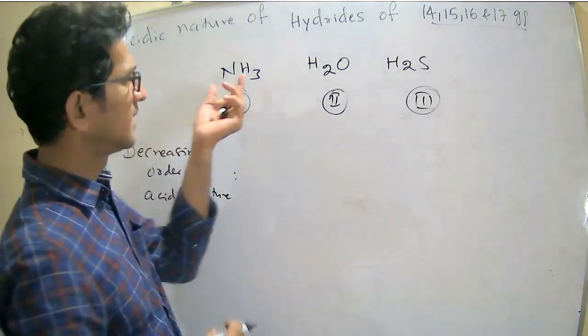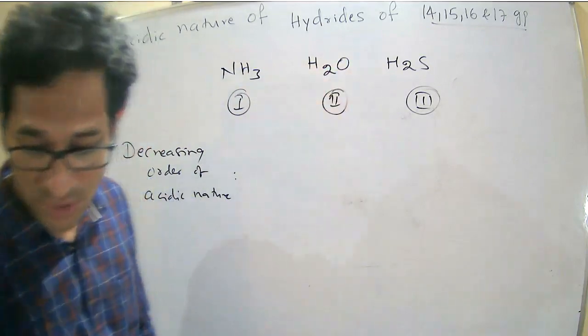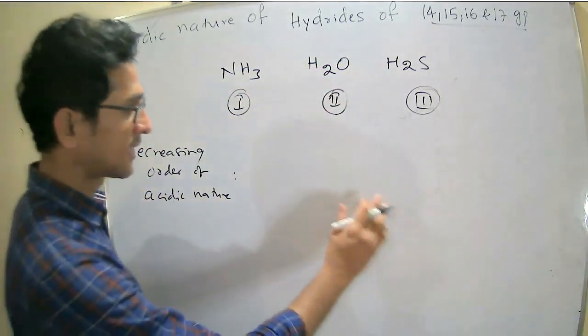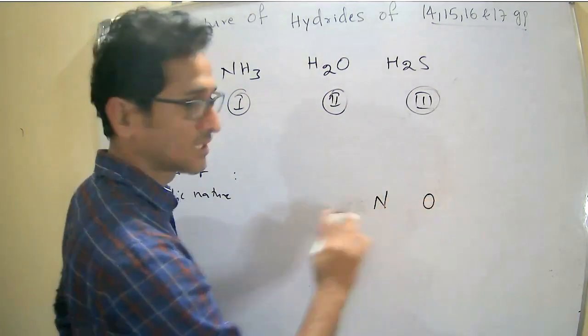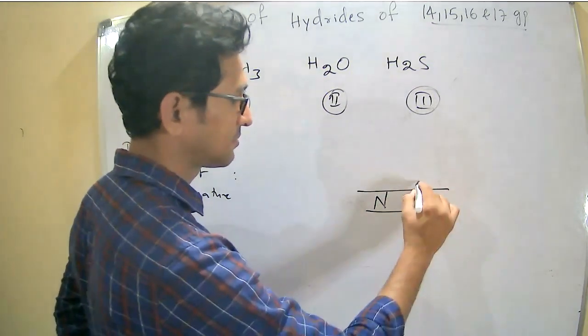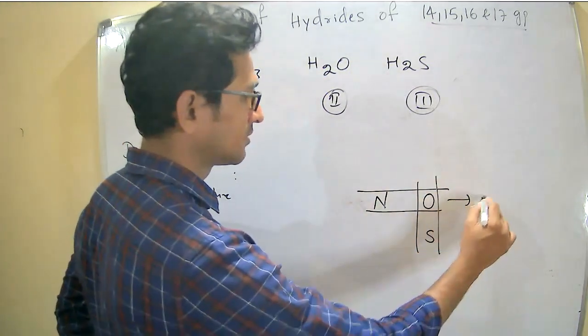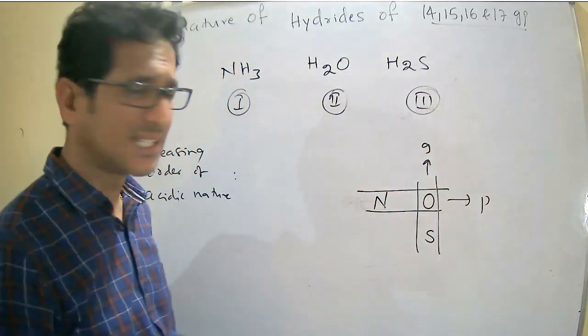Now see here, nitrogen and oxygen belong to the same period. Oxygen and sulfur are in the same group. This is period, this is group. We discuss the things here.